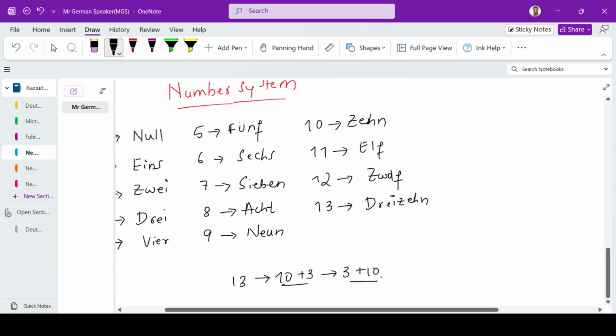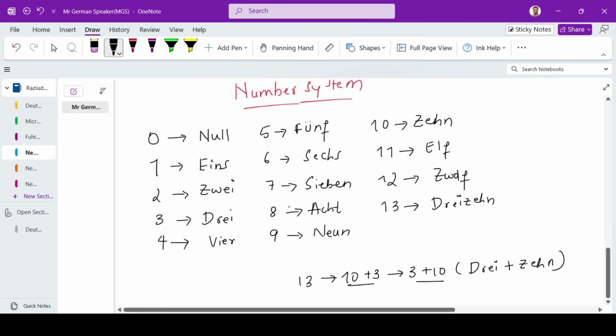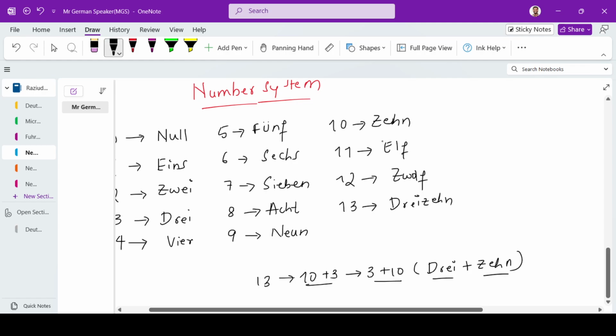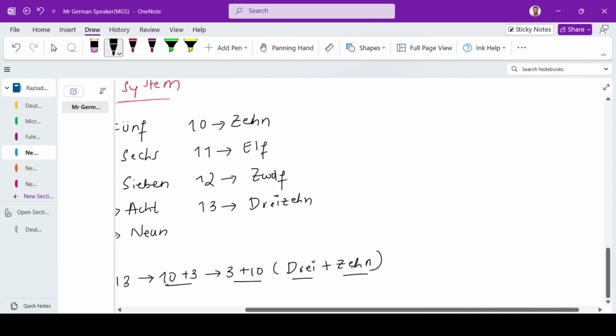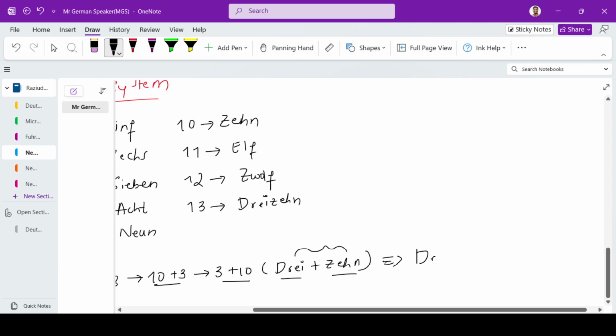In words, 3 is called drei and 10 is called zehn, so if I merge these two, it is called dreizehn, and that's what we have written here.